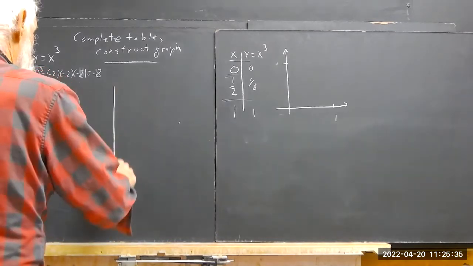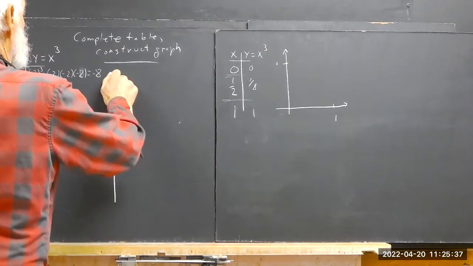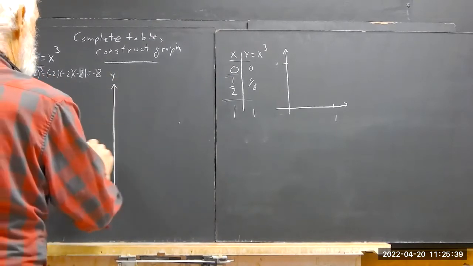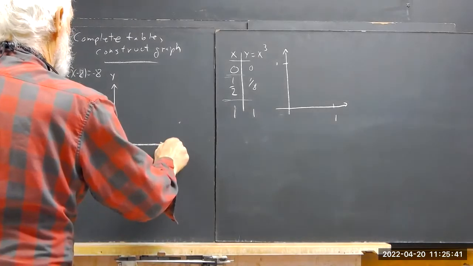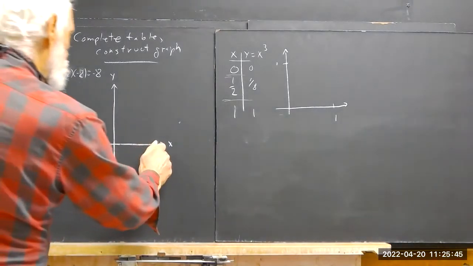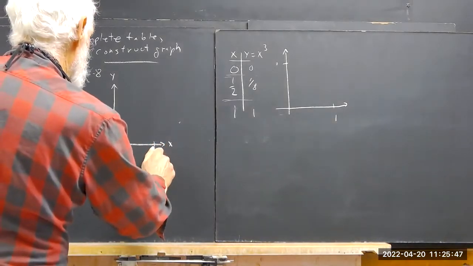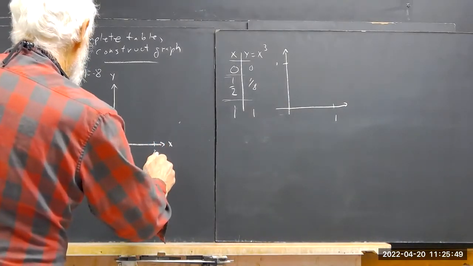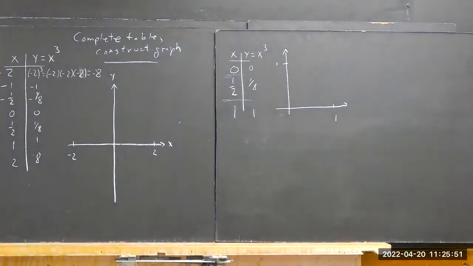Then you set up your graph. Here's your y-axis, and here's your x-axis. I start with my extreme values. Now I'm going to use a little terminology on you. I used it before. These numbers are your domain. That's one of the concepts we want to introduce today.